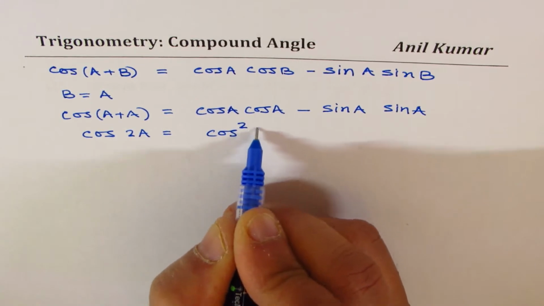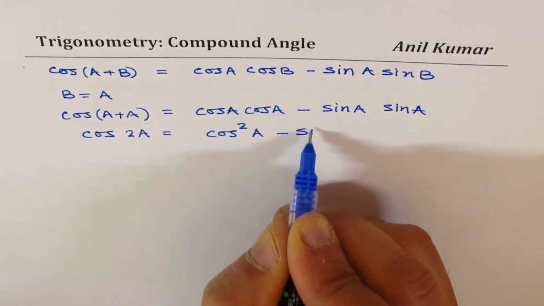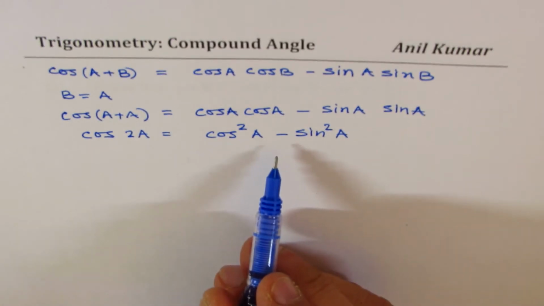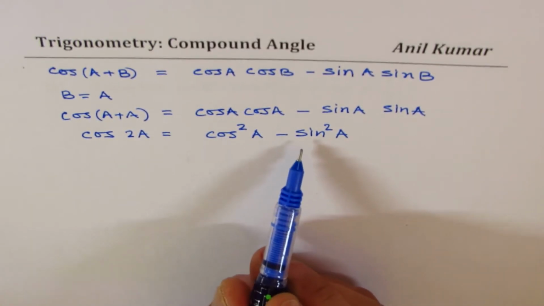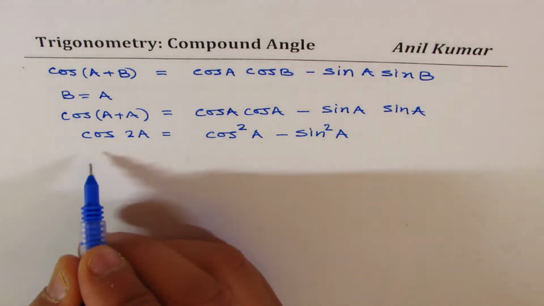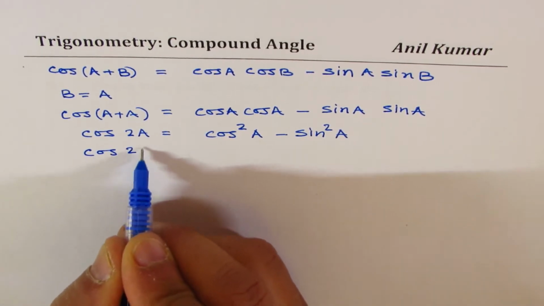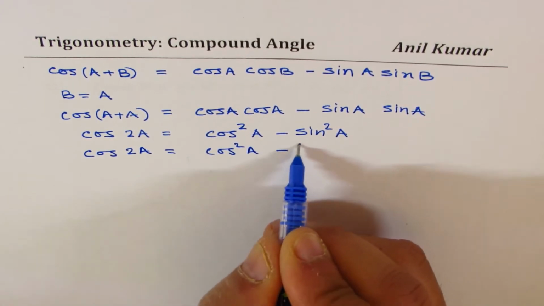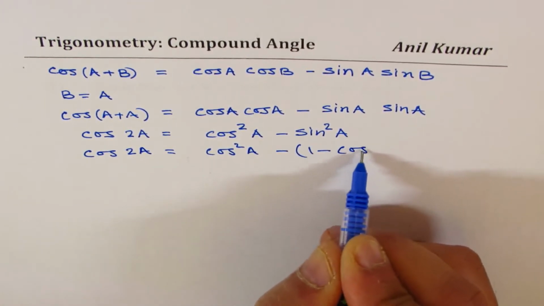And this is cos square A minus sin square A. So that is one formula which can be applied. We could also write sin square A as 1 minus cos square A. So I could also rewrite this as cos square A minus (1 minus cos square A), right?